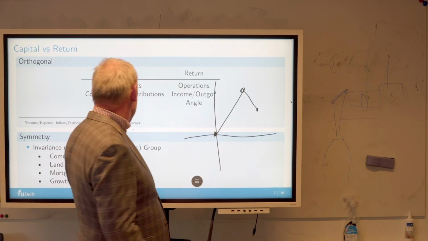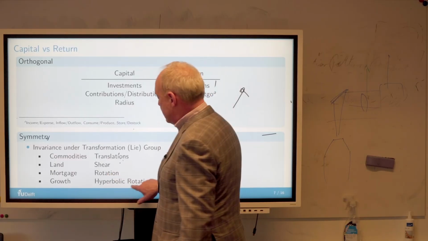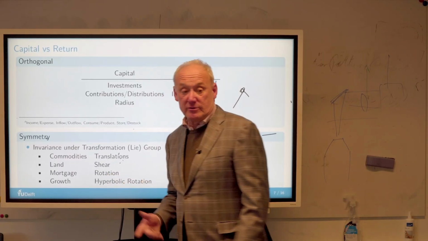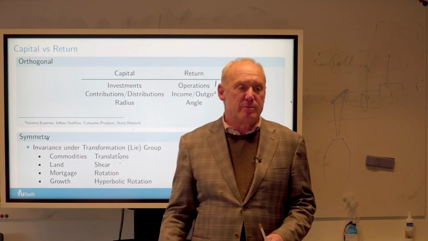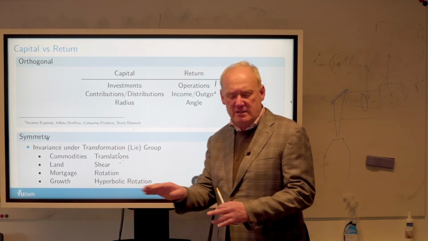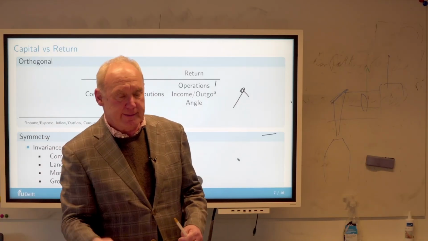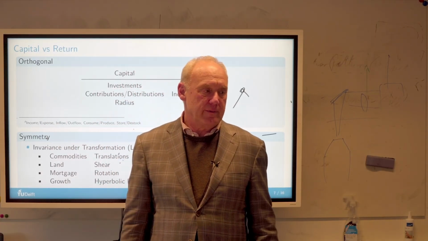Now you can have spaces that are invariant under shears, different types of rotation that are called hyperbolic rotations or boosts. This is used in relativity theory, because time is a little different. You can't rotate into time, you have to hyperbolically rotate. But we'll get to that. Okay?